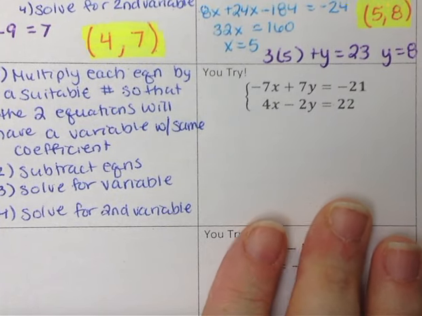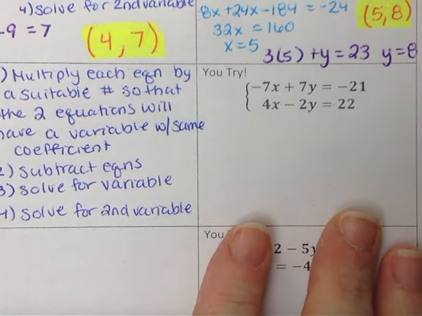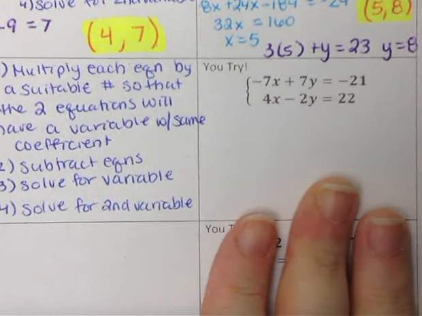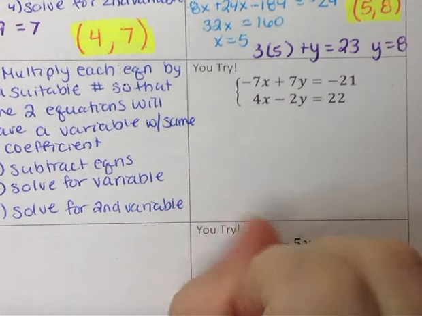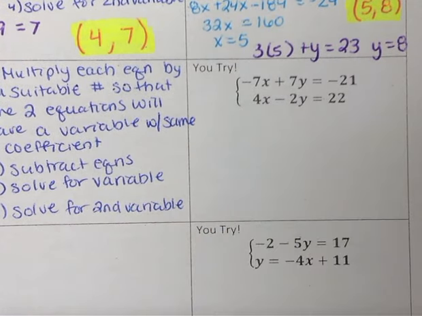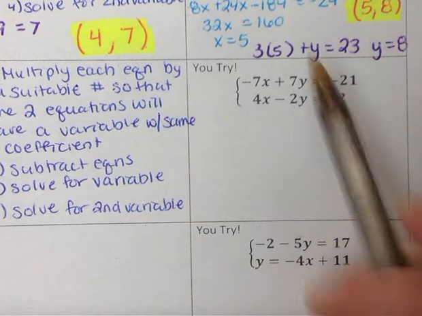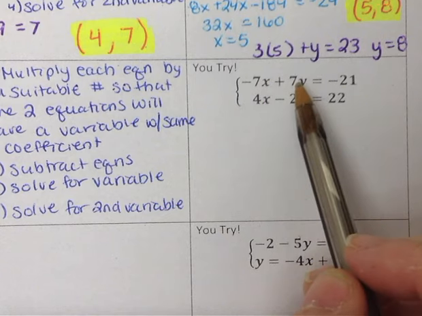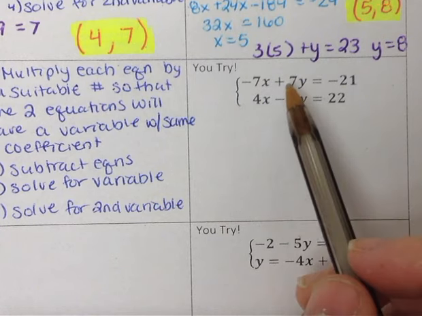So we need to find a suitable number to multiply each equation by. And it really depends on what you want to eliminate. Last time I eliminated the y's, so I can try and do the same thing here. In order to eliminate the variable when they have two different coefficients, you actually multiply the equation by the other coefficient.